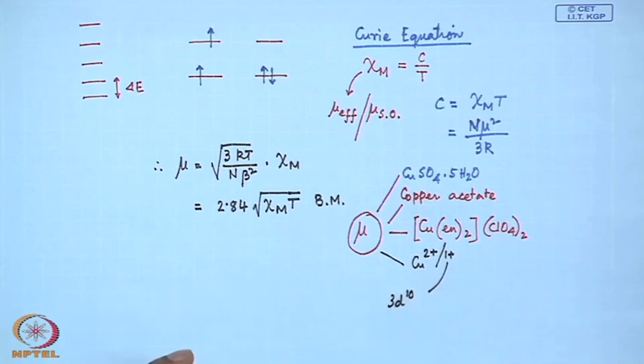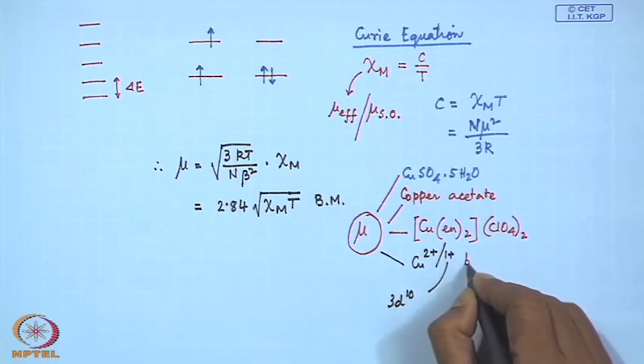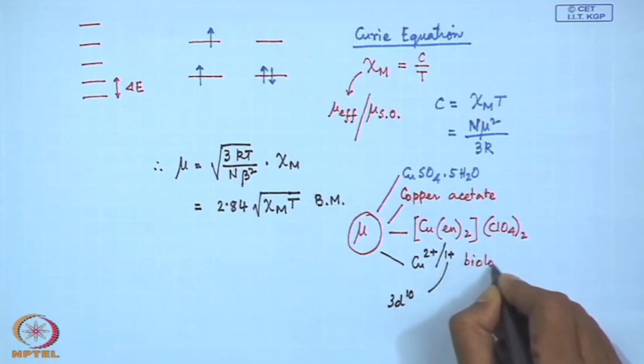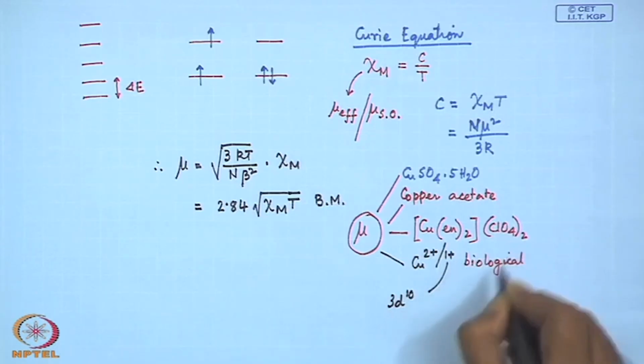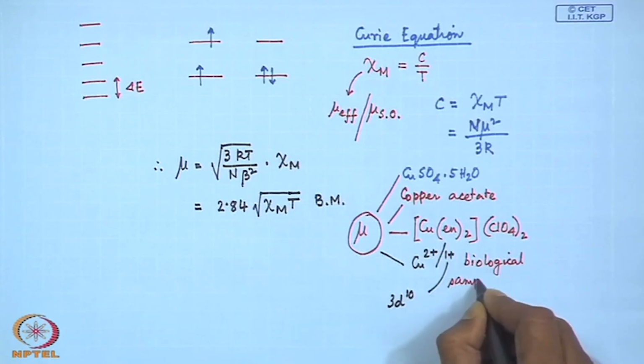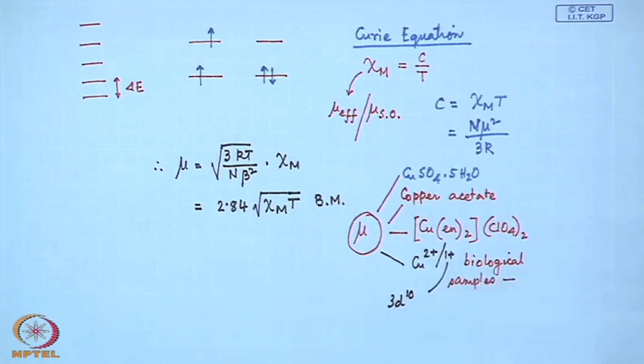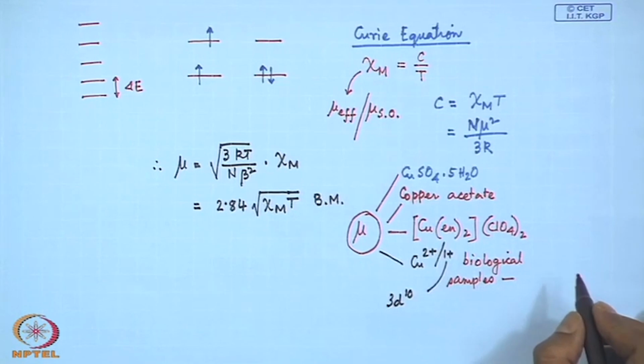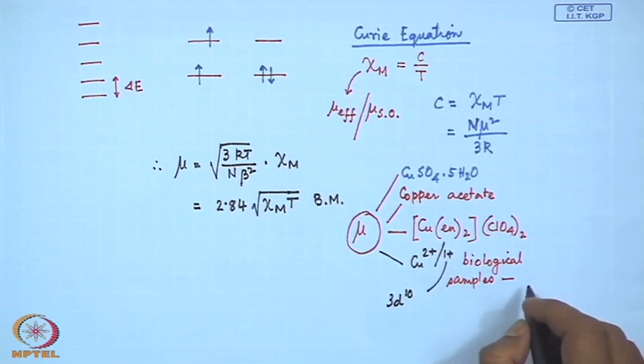So copper 2 plus or copper 1 plus, which is present in biological samples also, we'll discuss afterwards in detail when we study metal complexes in biological systems.